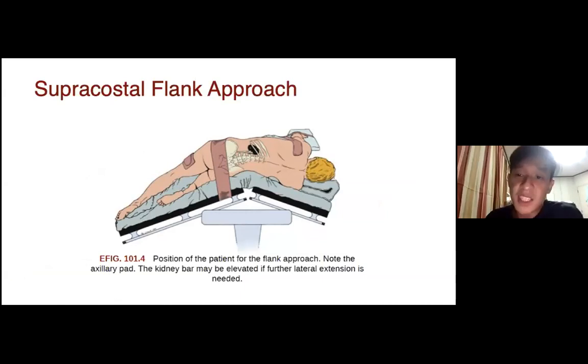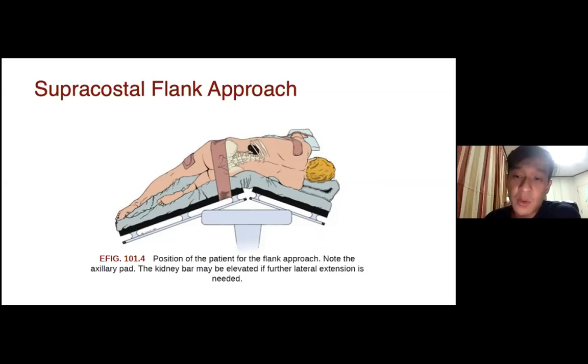So the skin incision for the supracostal approach should be made at the superior aspect of the 11th or 12th rib, beginning at the lateral border of the sacrospinalis muscle and continuing to the lateral border of the ipsilateral rectus abdominis muscle.